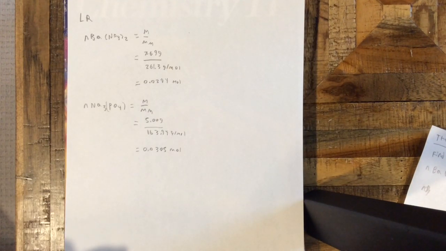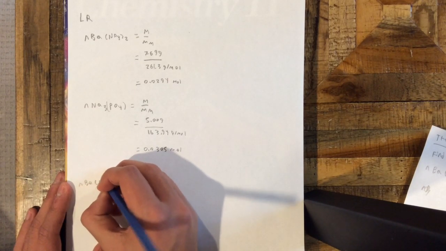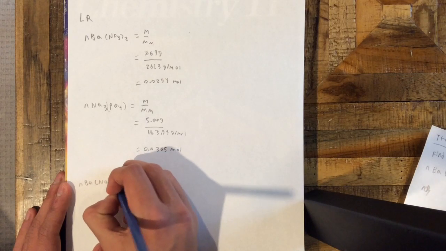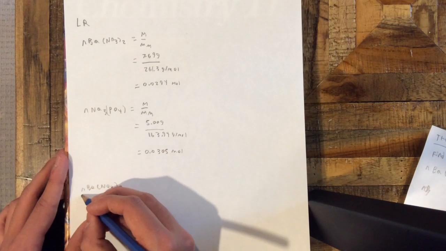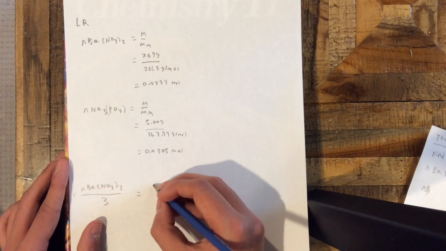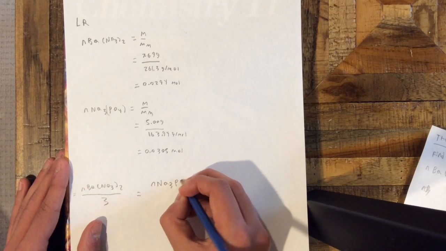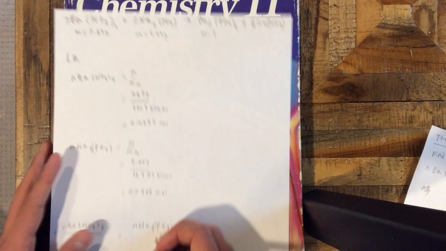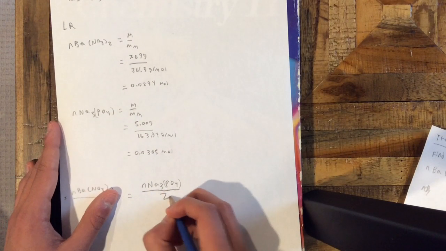Alright, but which of these two is the limiting reactant? Well, to figure this out, we take the number of moles of barium nitrate and we divide it by the coefficient, which is 3. And then same thing, we take the number of moles of sodium phosphate, we divide it by its coefficient, which is 2.